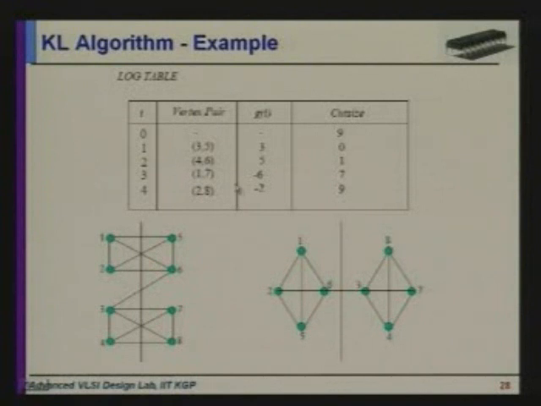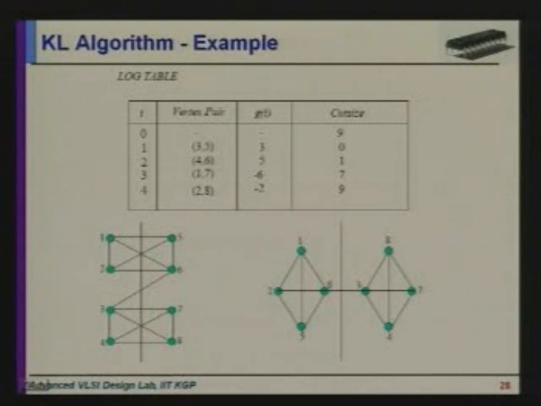But in my first pass, I have locked 4 and 6, but I do not stop the first pass here. I go on exchanging the other vertices as well until all my vertices have been locked.